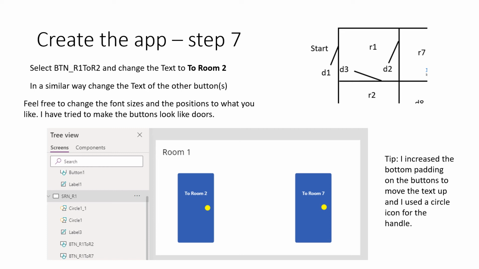I've also changed the bottom padding to move that so it's not in the middle and clashing with the handle circle that I've created, just to make them look like doors. So you can click those and it will navigate to the screen that is that door.